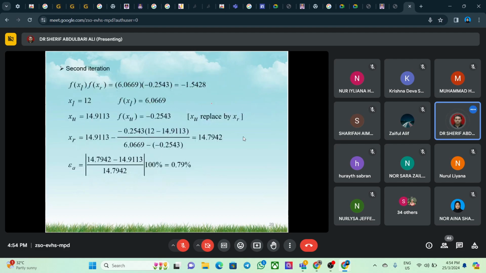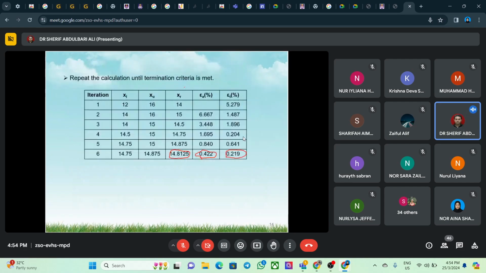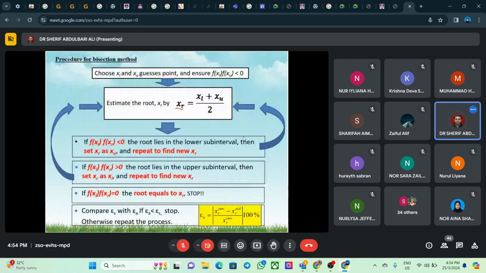Okay, so now how do you make a decision? You look at the function of x lower times the function of xr, whether it's greater or less than 0. In my case here, the function of x lower times the function of xr is less than 0.